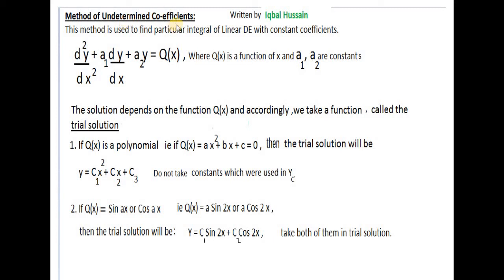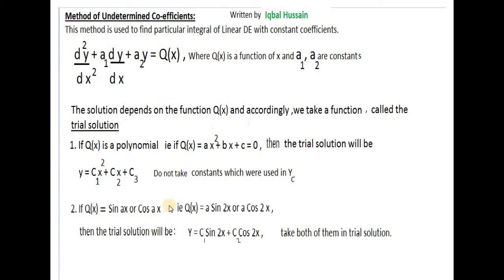Of undetermined coefficients. This method is used to find the particular integral of a linear differential equation with constant coefficients, provided this differential equation is non-homogeneous.